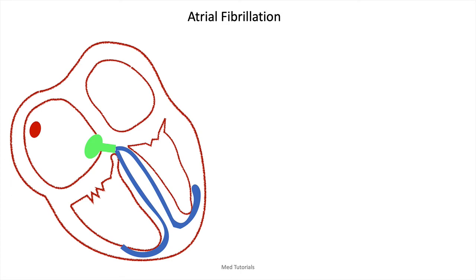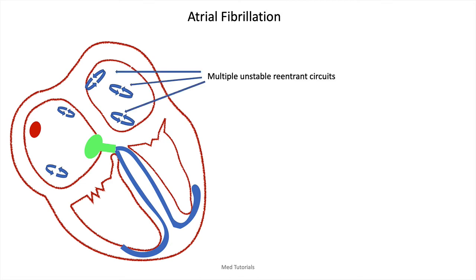Next, we're going to look at a term called atrial fibrillation. Now, this is a relatively common form of tachycardia that we see. And here you have multiple unstable reentrant circuits. In the previous one, in atrial flutter, we had a single stable reentrant circuit. Here you have multiple unstable reentrant circuits in the atria.